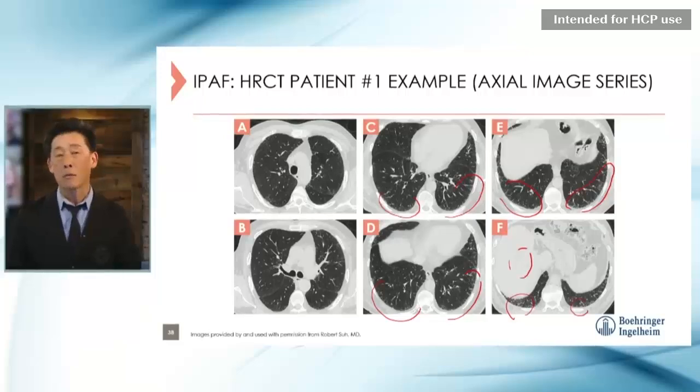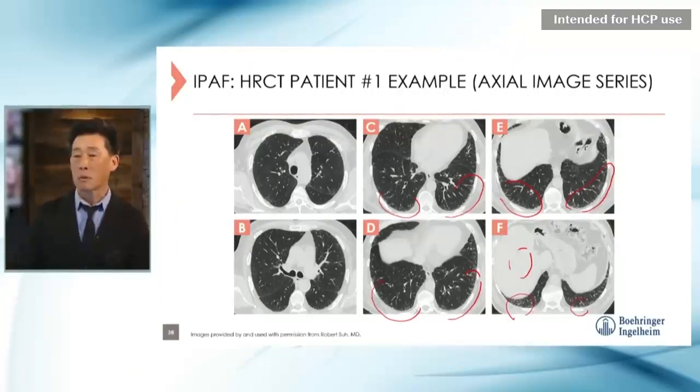Those who are really confident might put this as a probable UIP pattern radiographically, and others, and probably more so, would put this as indeterminate for UIP pattern. And depending on the remainder of the clinical workup, this will tell you what the diagnosis may be.